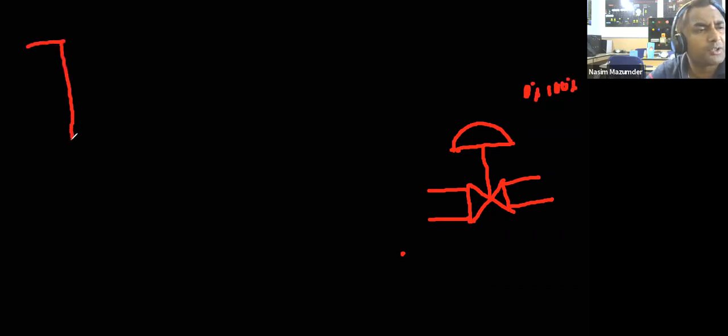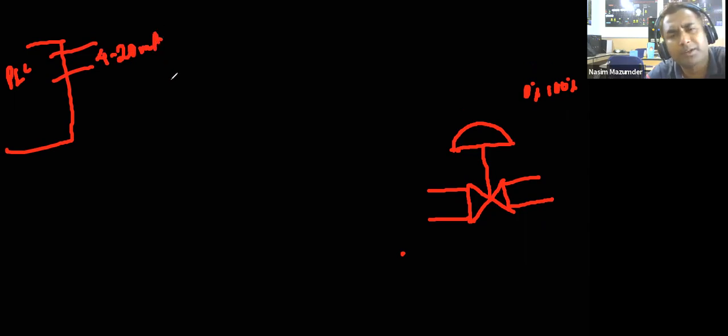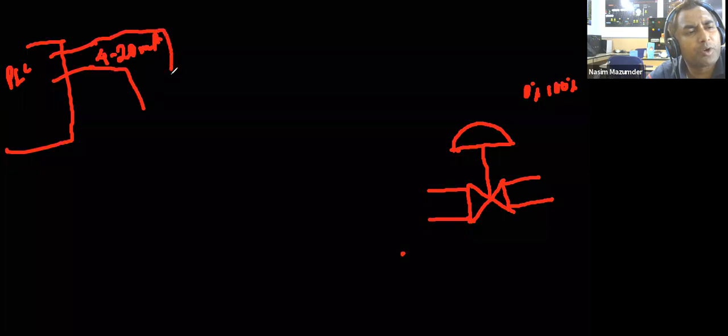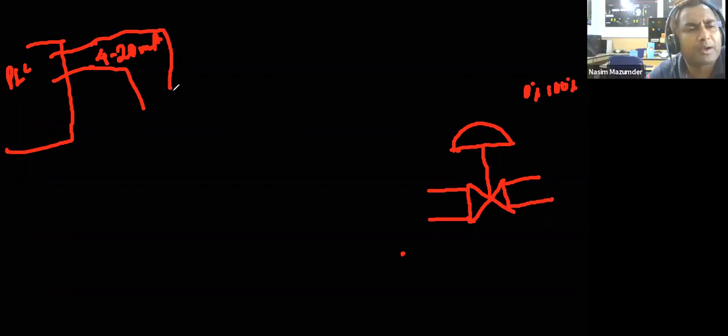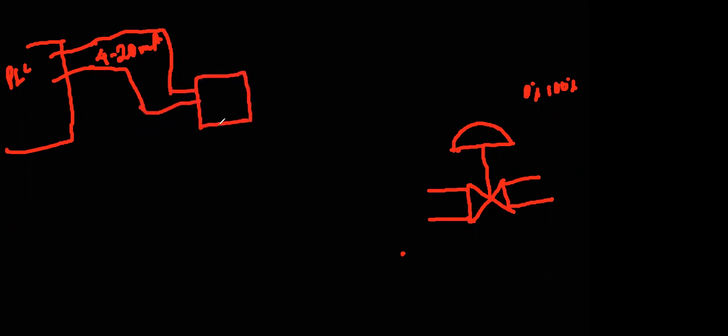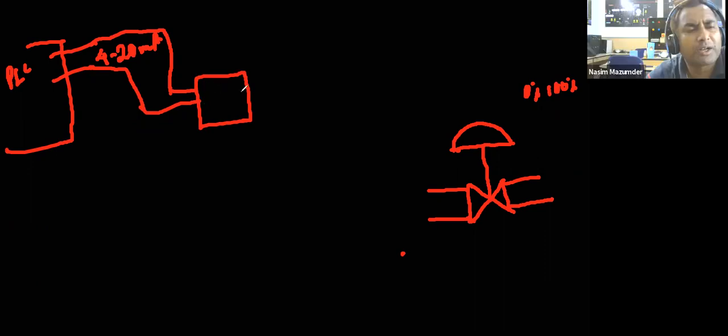Now for 0% to 100%, my PLC is giving me a 4 to 20 milliampere signal. And I have to convert this 4 to 20 milliampere into a 3 to 15 psi pneumatic signal. Which converter will I be using here?